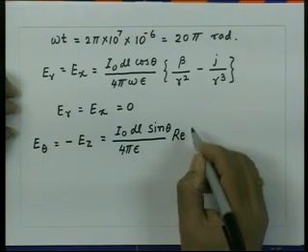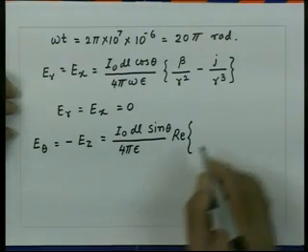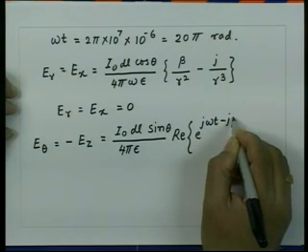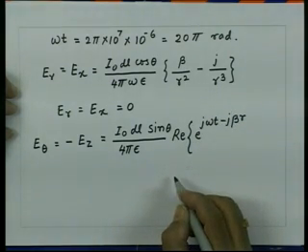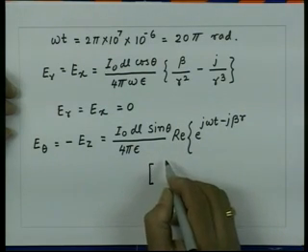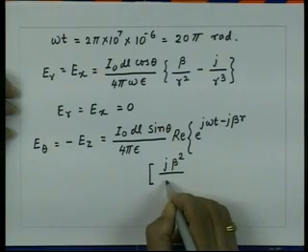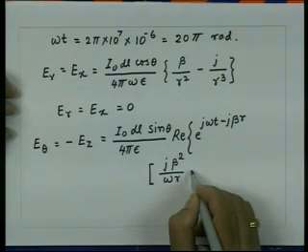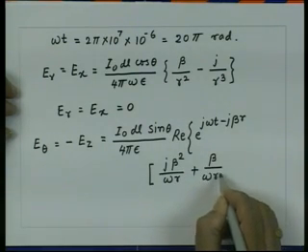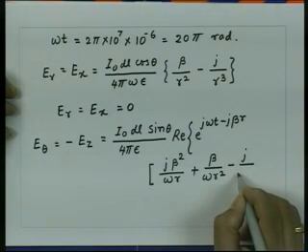So, we take the real part of e to the power j omega t minus j beta r multiplied by j beta square upon omega r plus beta upon omega r square minus j upon omega r cube.